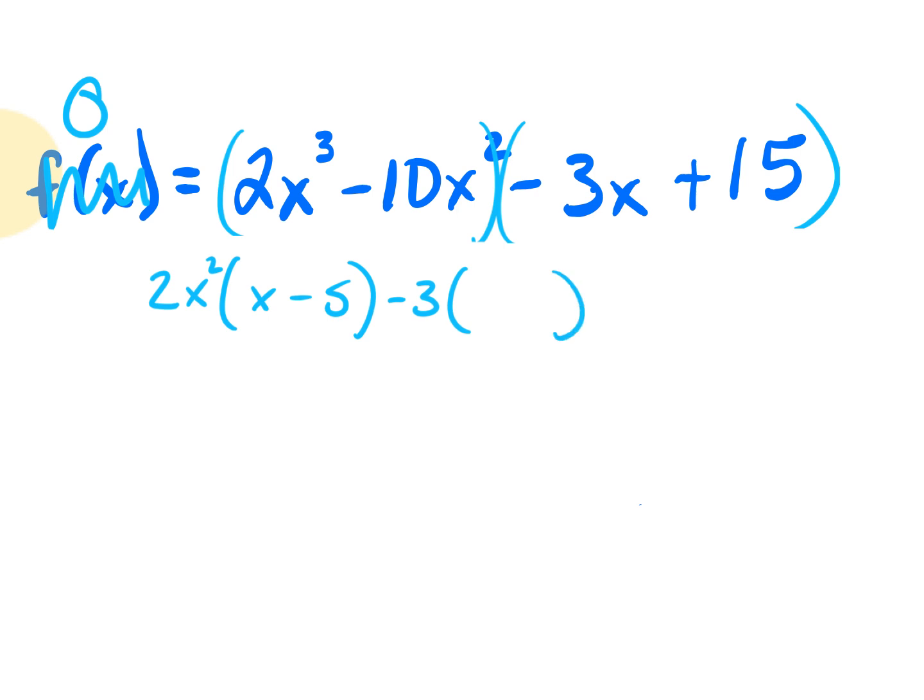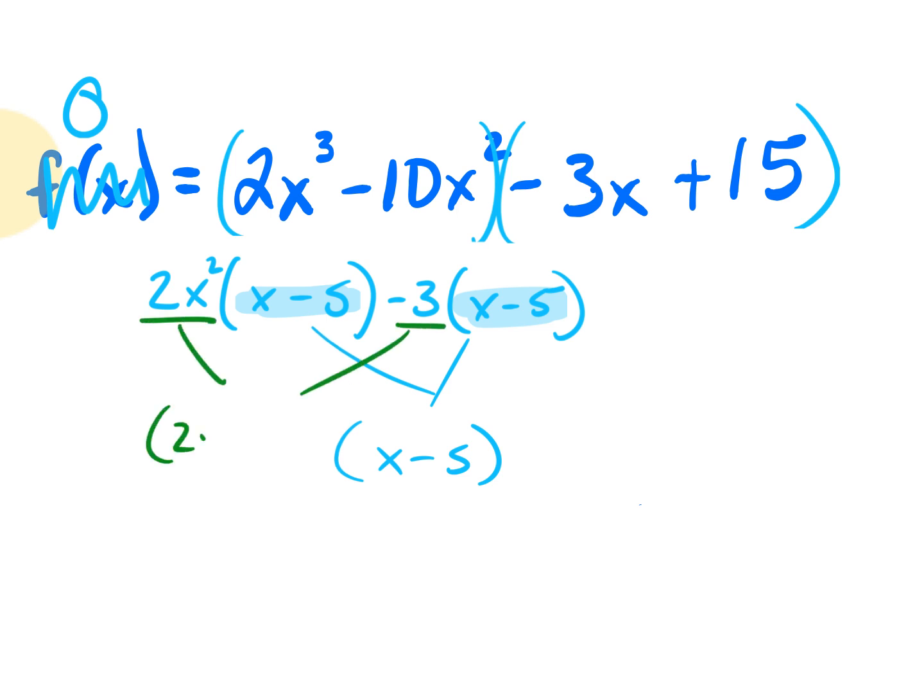So when I divide out a -3, I'm left with x minus 5. So grouping only works if your insides are exactly the same, because the insides are going to go together to be one factor, x minus 5. The outsides are going to go together to be another factor. So that would be 2x squared minus 3.